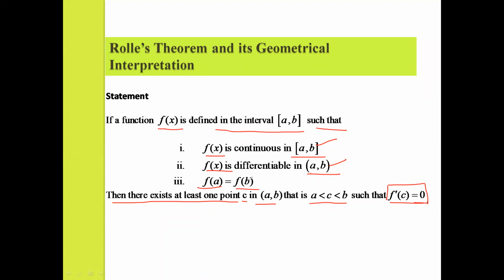That is the geometrical interpretation part. Once we cover the theoretical statement, I'll move on to the geometrical interpretation of Rolle's theorem. How to represent or express this theorem geometrically is very important.